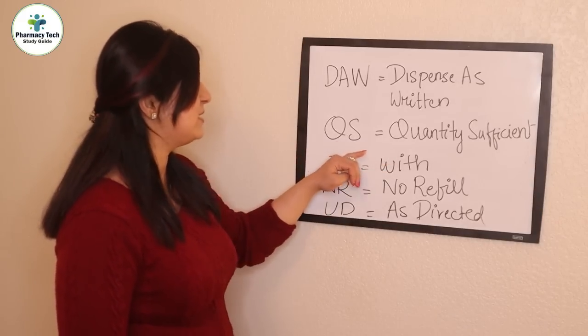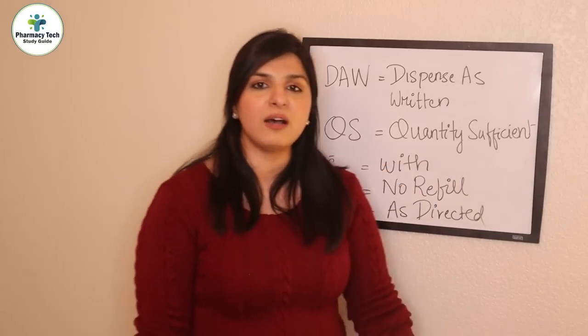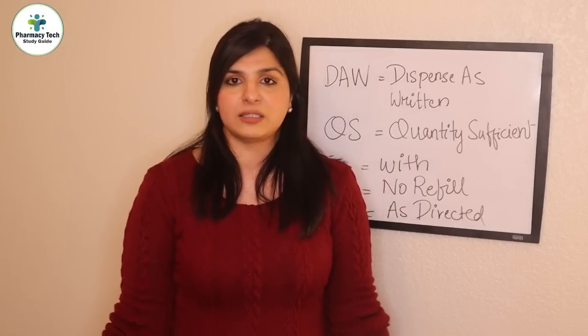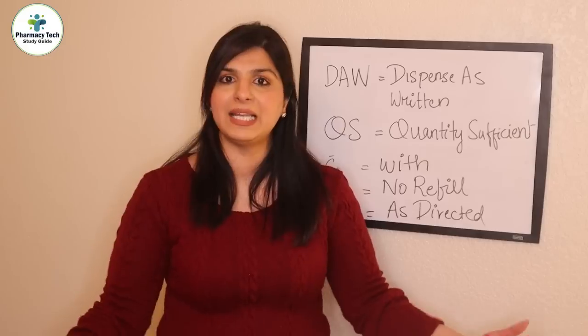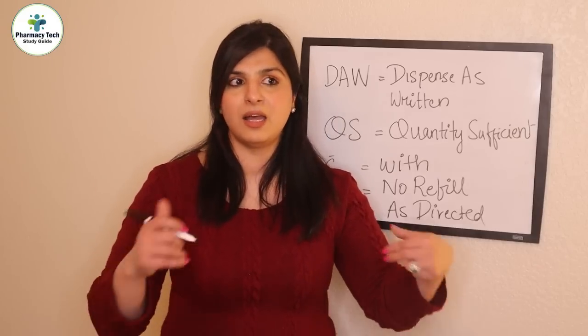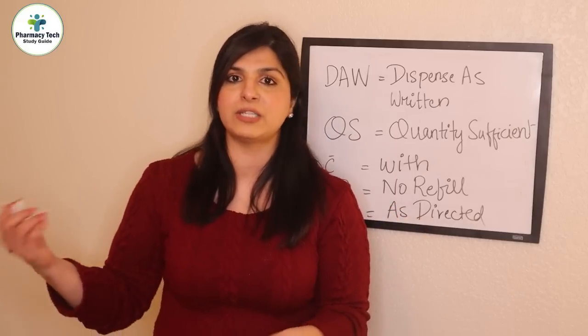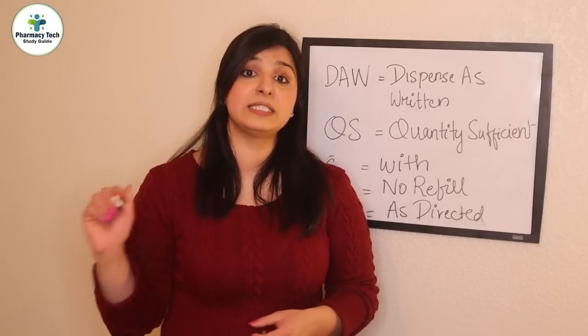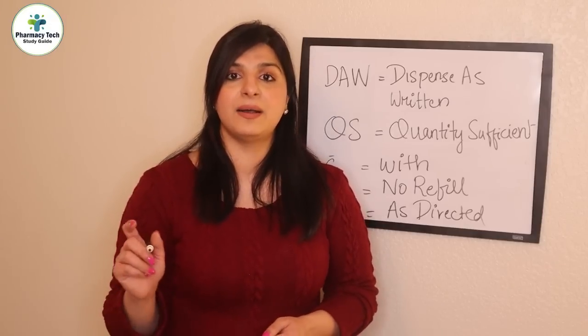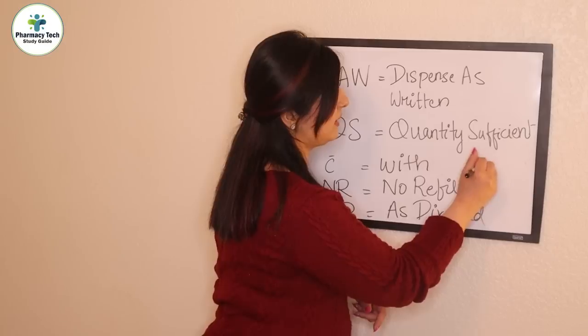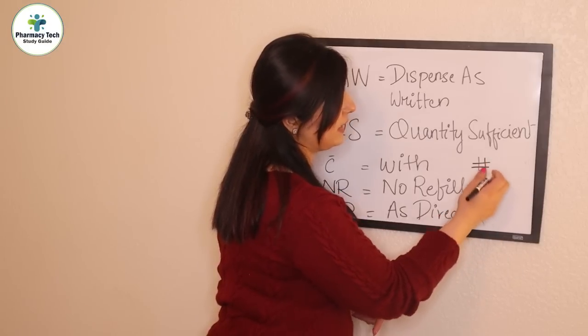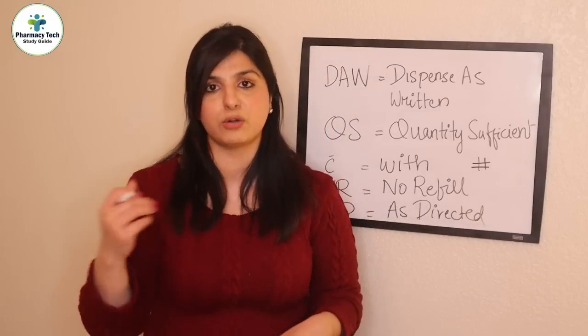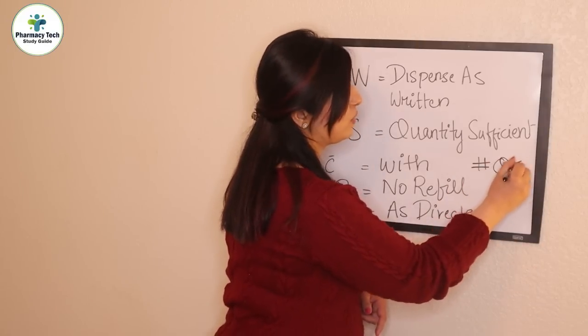Next up is QS. QS means quantity sufficient. This is often written when the doctor writes a prescription for, let's say, Septra DS, take 1 tablet 2 times a day for 1 week, for example, and the doctor does not write the quantity. Instead of writing 14 or 28 or whatever, the doctor just writes QS.